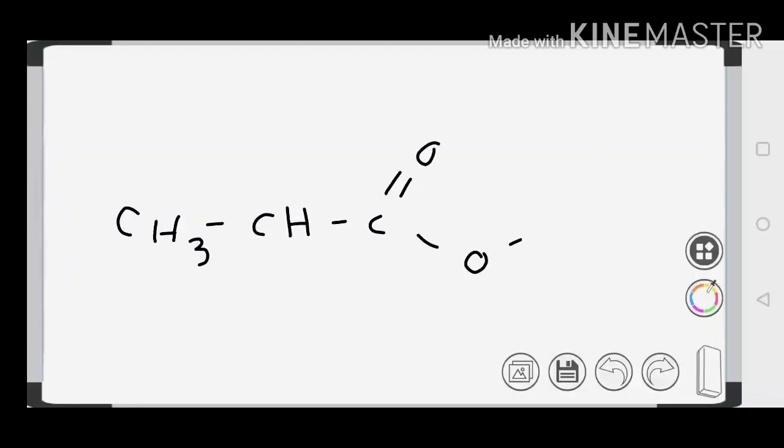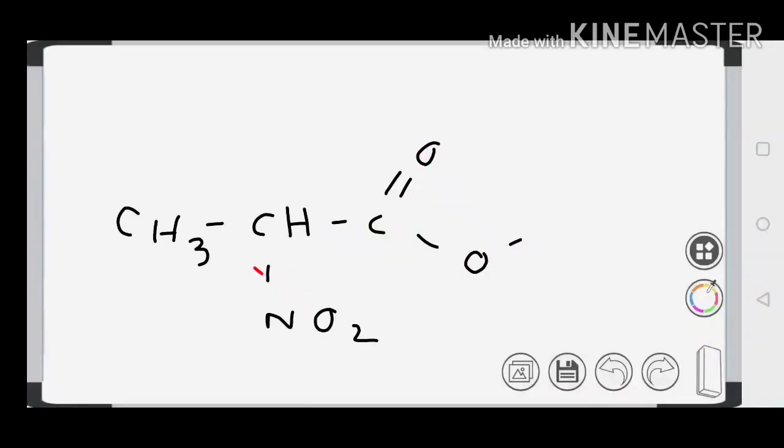Let's see. Now if we analyze the structure and the electronic effect, in the first option there is CH3, CH, C double bond O, single bond O minus. Minus because H plus we have already removed. We are talking about the conjugate base. And over here NO2 group is attached. Now what happens?